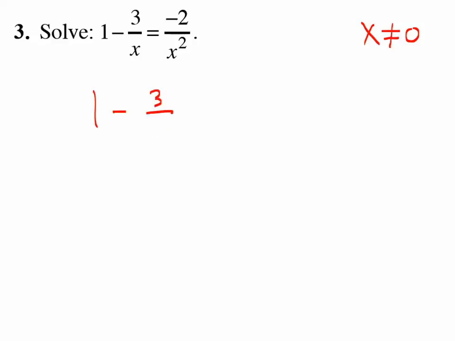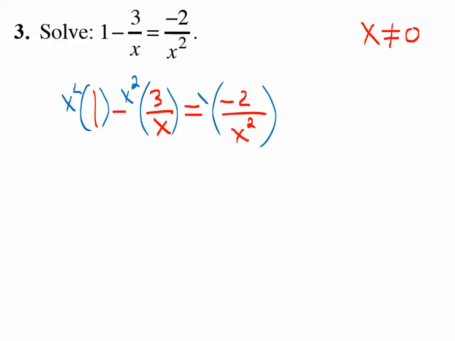Let me rewrite the problem real quickly here. And let's multiply that by x squared, x squared, x squared. Alright, x squared times 1 is x squared.